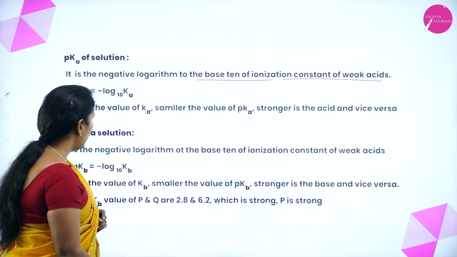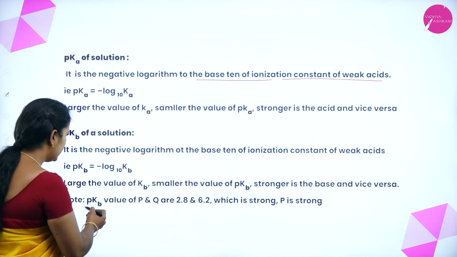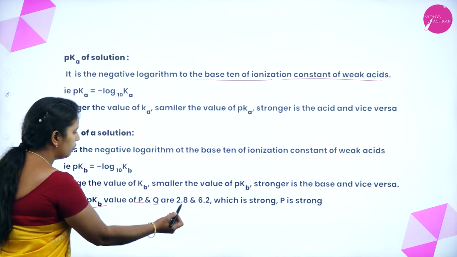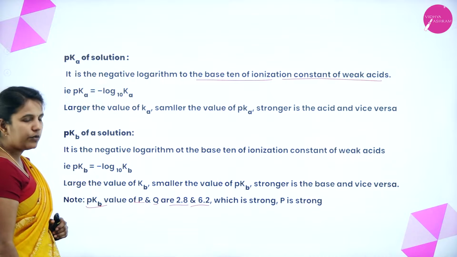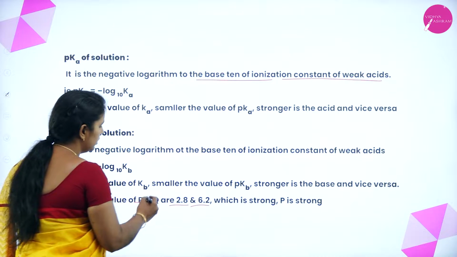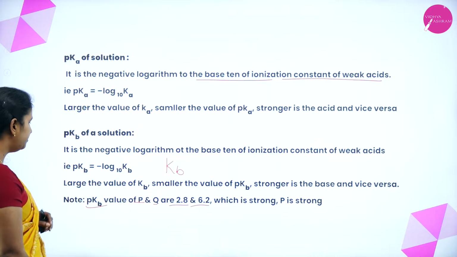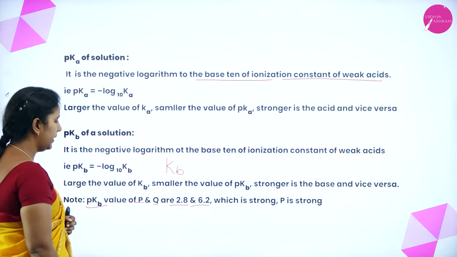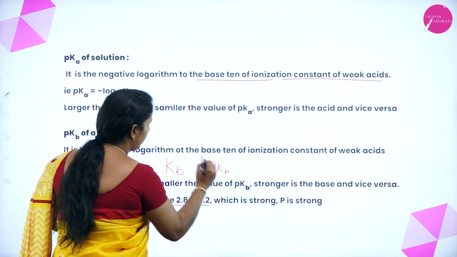Now I'll take up an example. Let us take the pKb values for P and Q as 2.8 and 6.2. Which one will be stronger? If you see the Kb as well as the pKb value, the larger the value of Kb, the smaller will be the value of pKb.